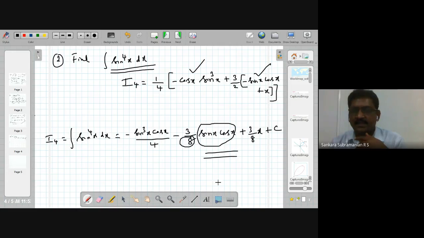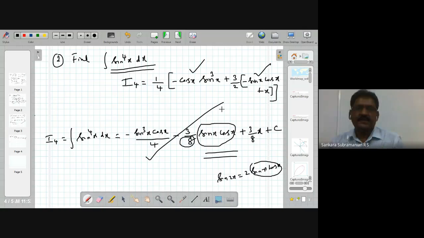They have written it that way: sin 2x, 2 sin x into cos x. So therefore sin x cos x is written as sin 2x by 2. But okay, this is correct.